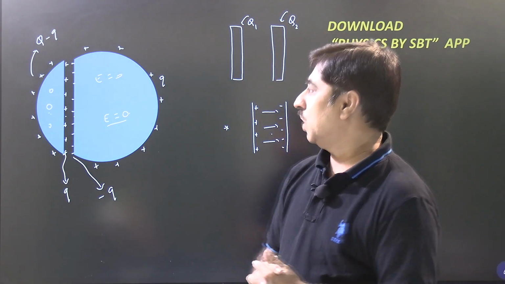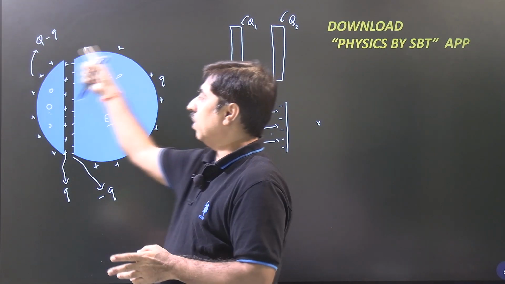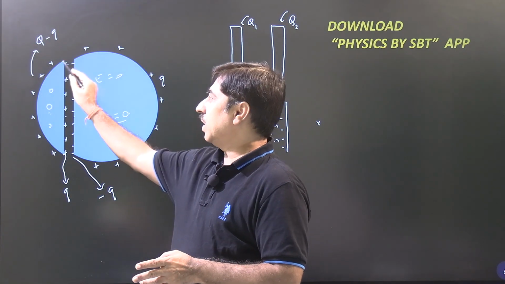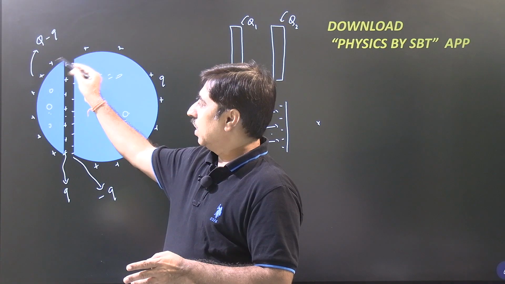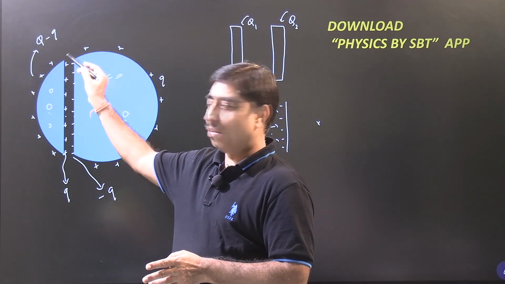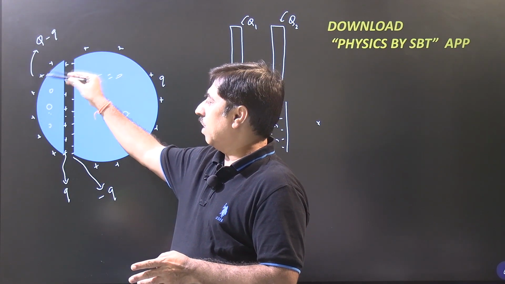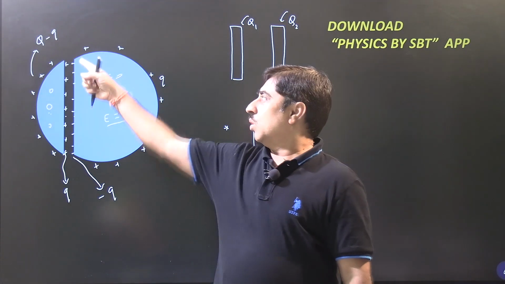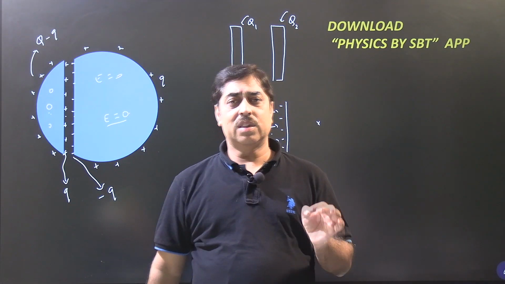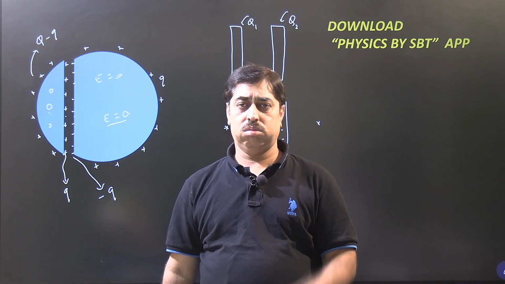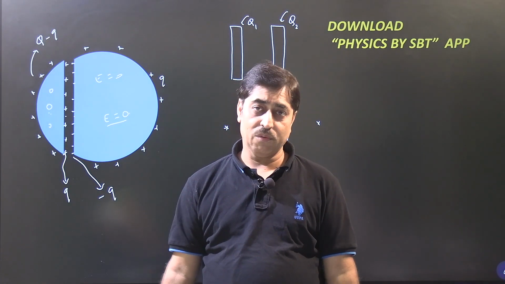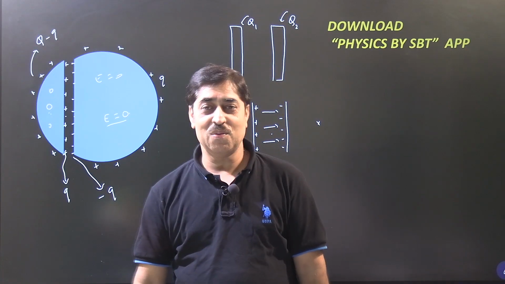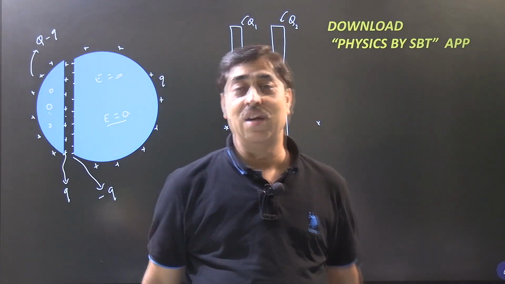So capital Q charge is distributed uniformly on this surface and the surface area of this part is pi r square. According to the question, the surface area of this spherical part is 3 pi r square. Overall, the surface area of the entire sphere is 4 pi r square.